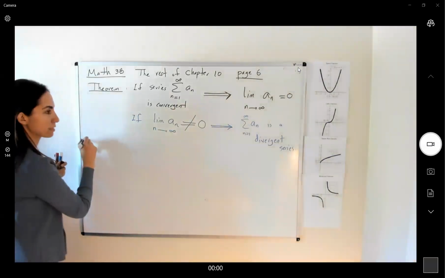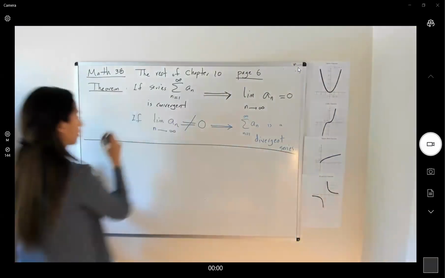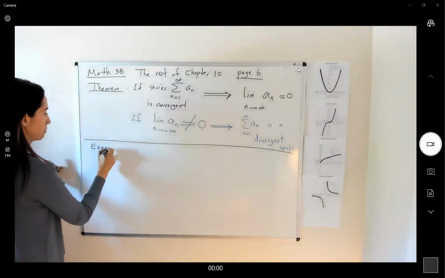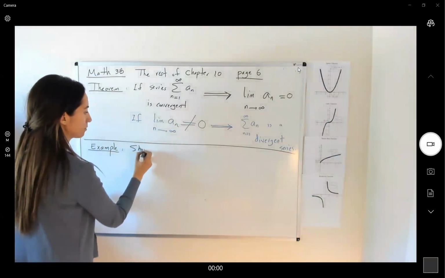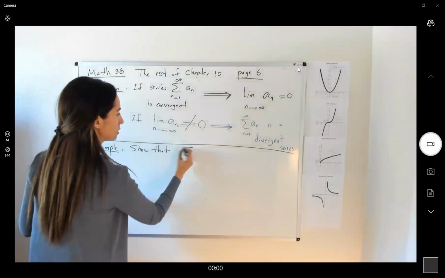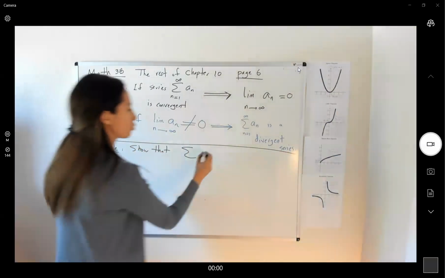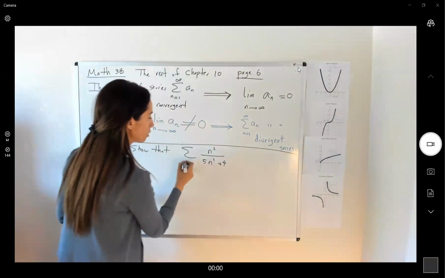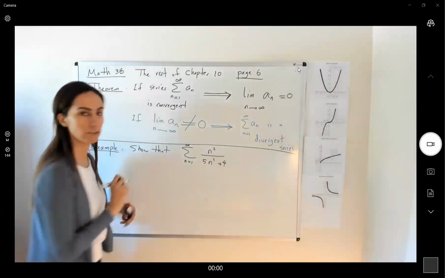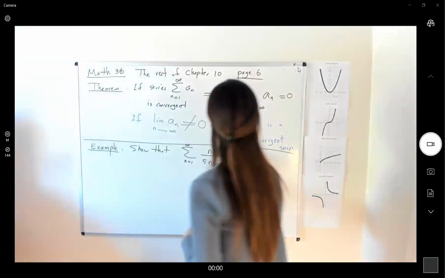Let's go over one example to apply this theorem. Show that the series n squared over 5n squared plus 4, n starts from 1 to infinity, is divergent.